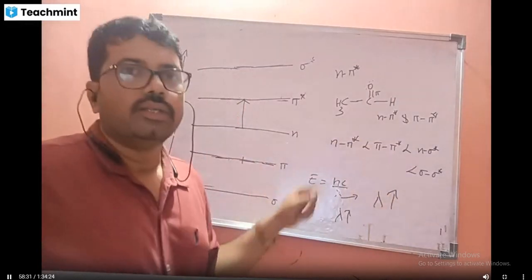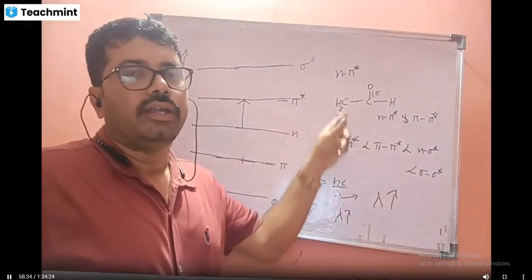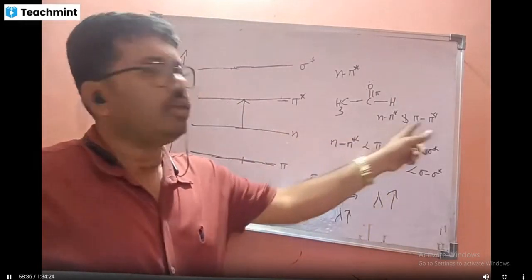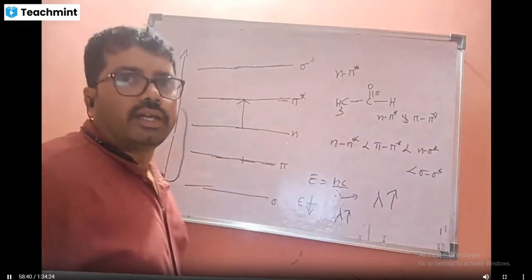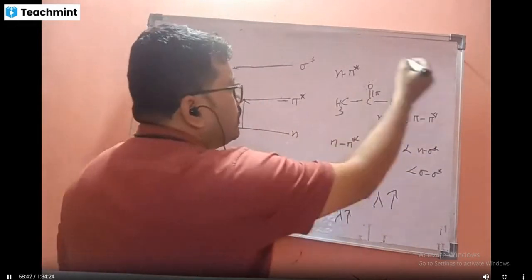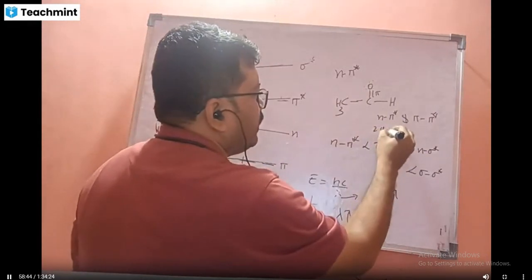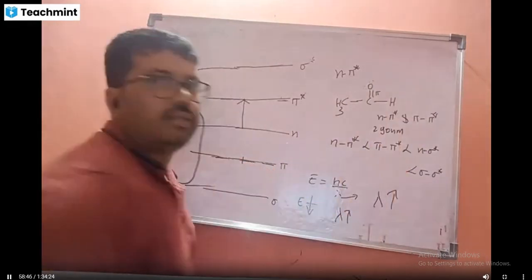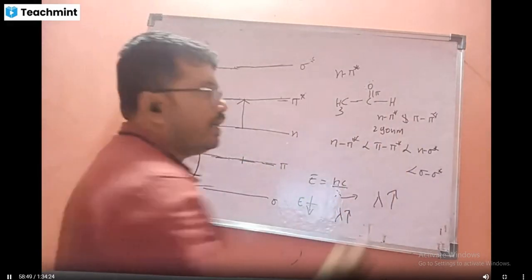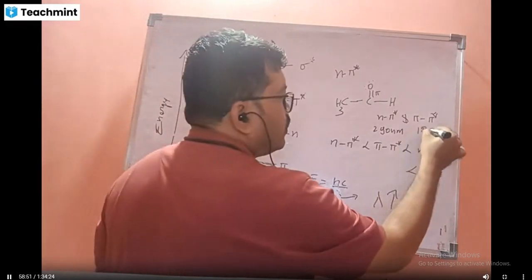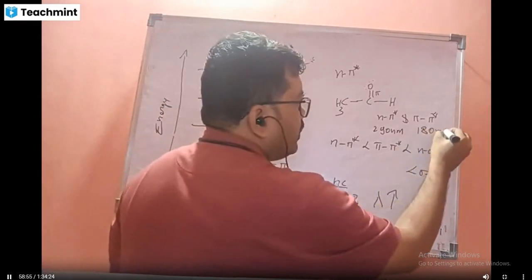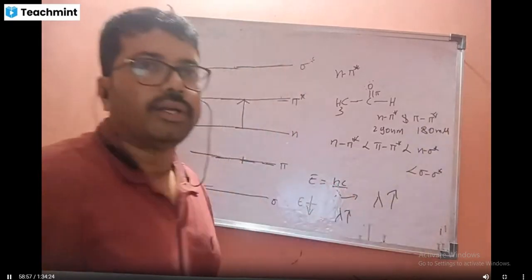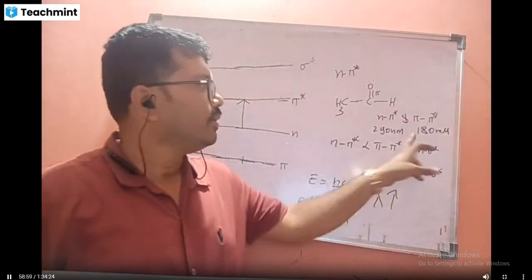N to pi star and pi to pi star occurring around 290 nanometer and 180 nanometer.